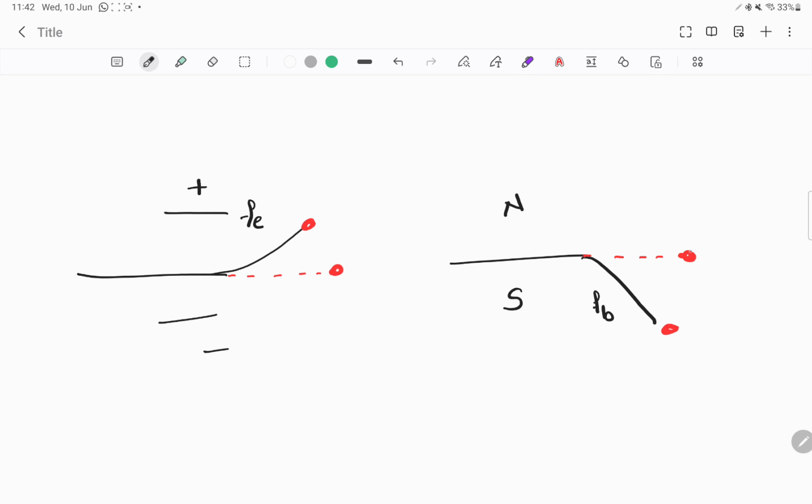Now if both fields are applied and their magnitudes are equal, we observe the particle returning to its original spot. At this moment there is no deflection because the magnitudes of both forces are equal: Fe equals Fb. What is Fe? Fe is the force of the electric field.